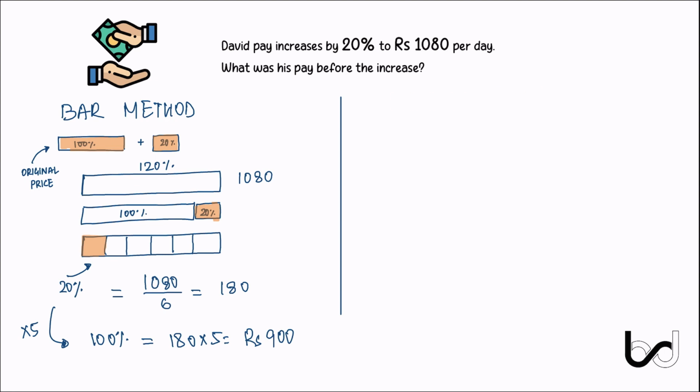Okay. Now the second method which we will be looking at is the algebraic method. What we know is 120% is rupees 1080. The bar method and the method we used previously were just for understanding purposes, but in exams you can do it directly. You need to calculate 100%, which we are not aware of at this moment, so we have written the unknown as x.